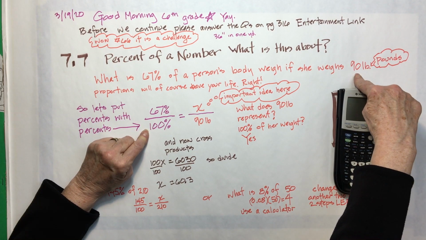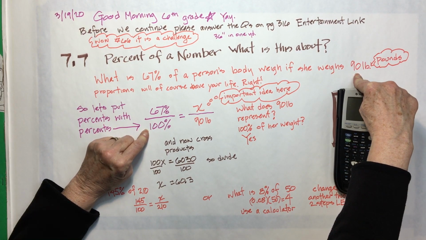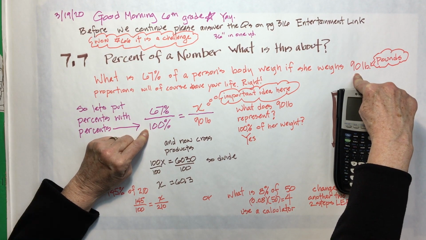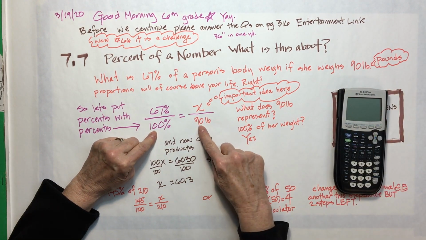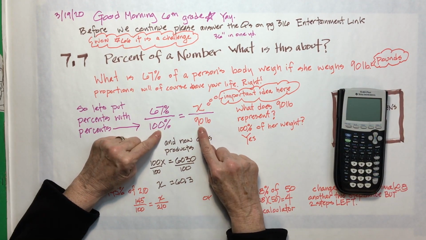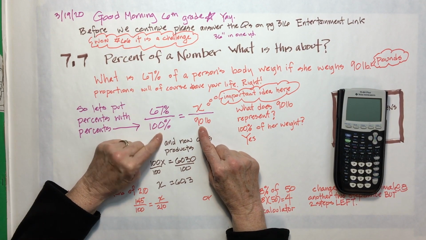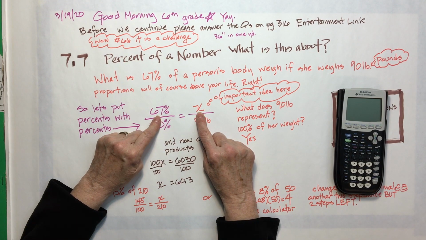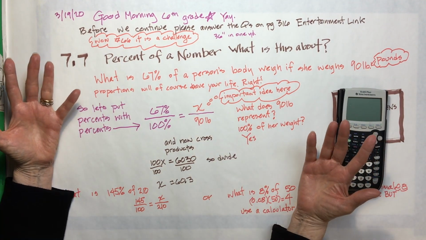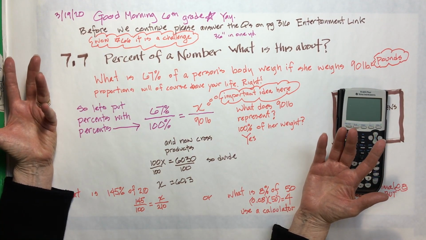Does it represent the 67%, or does it represent 100% of this student's weight? I'm going to say that it represents her whole weight. So we're going to put the 90 where the 100 is, and we're going to put the variable where the 67 is.